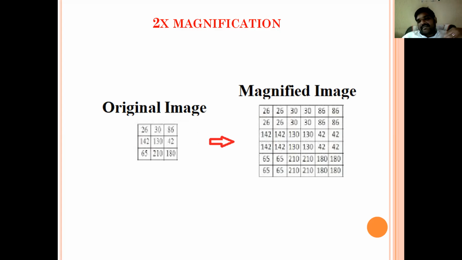That's why you have 6 rows and 6 columns here. And how much you can magnify also depends on the requirement to perform the particular task. This is what we had about magnification and reduction under image enhancement.